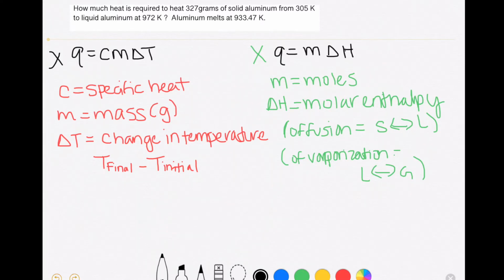That number is either going to be just one Q if there's no phase change, or if there's one phase change there will be 3 Q's, or 2 phase changes there will be 5 Q's. But regardless, at the end you're going to take all of the Q's that you calculated and add them up together to get your Q total, that's a TOT just for total there. So Q1 plus however many Q's you end up having.